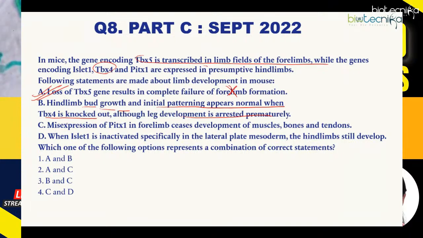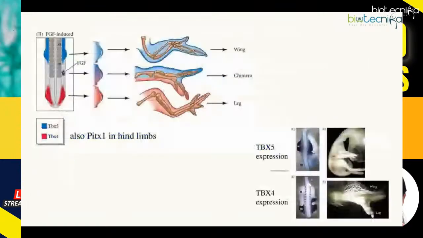TBX4 controls the hind limb, isn't it? So if it is knocked out, then initial patterning might happen, but you won't expect the leg growth to be formed. Now, misexpression of PITX1 in forelimb ceases development of muscles, bones, and tendons. Have a look at how this works.